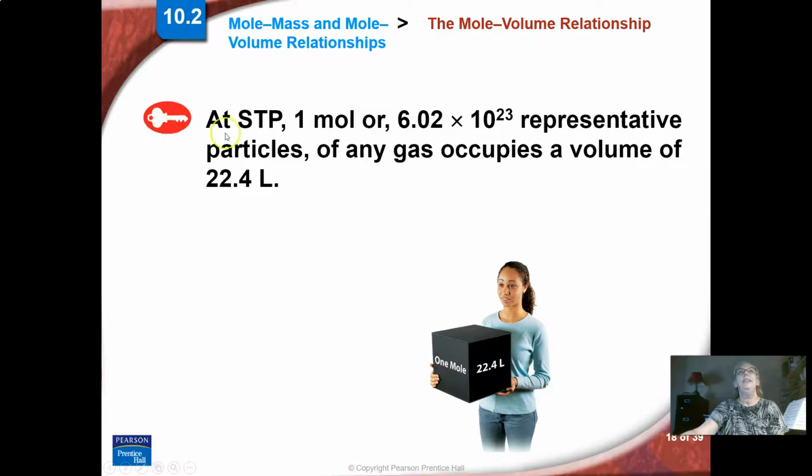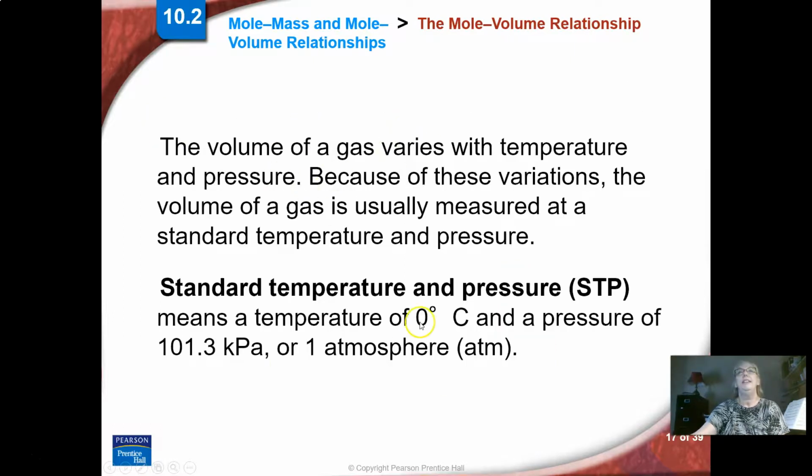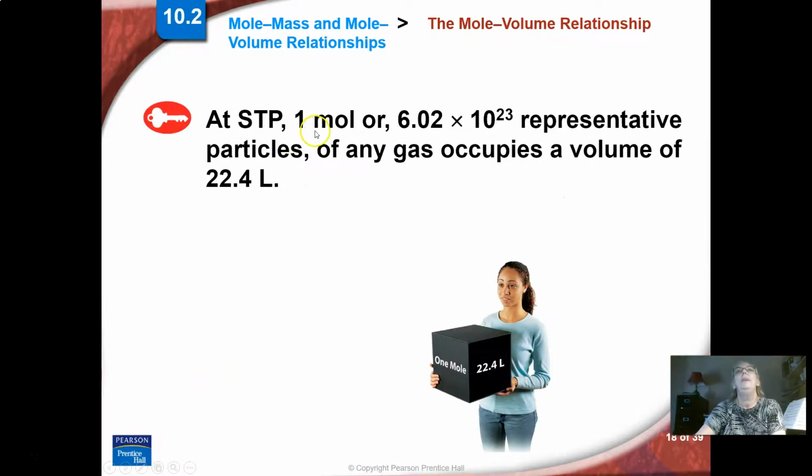So this is what we need to know. At STP, at these conditions, a gas will be that many particles. 1 mole, that many particles will occupy this volume. This is something to know, because sometimes you'll have a problem that says the gas is at STP and you want to know how many moles there are, or what volume it is.